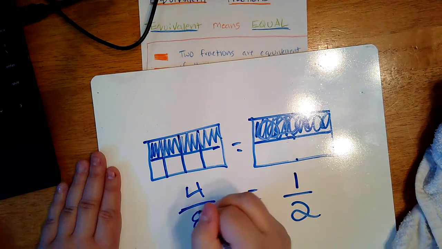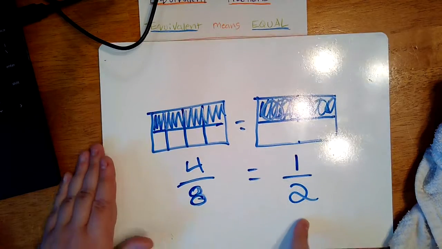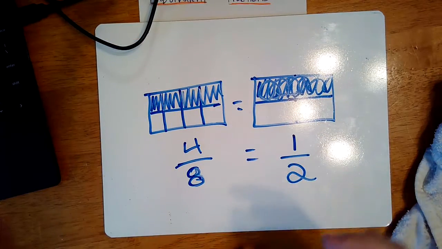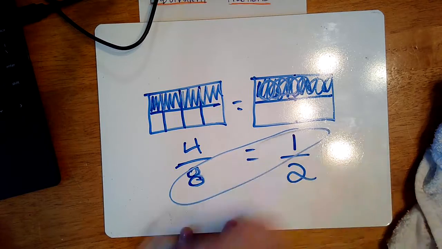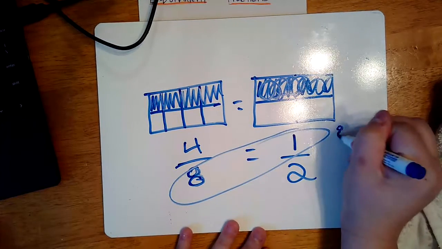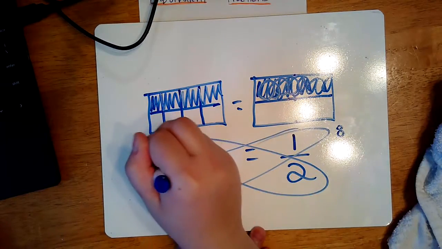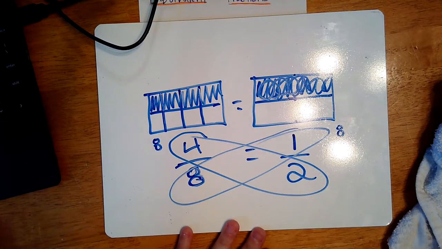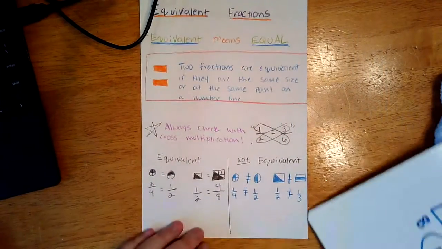So I'm saying that 4/8 is equivalent to 1/2. We can use our cross multiplication to check and see if that is correct. So 1 times 8 is 8. And then 2 times 4 is also 8. 8 and 8 are equal, so we know that these two fractions are equivalent.